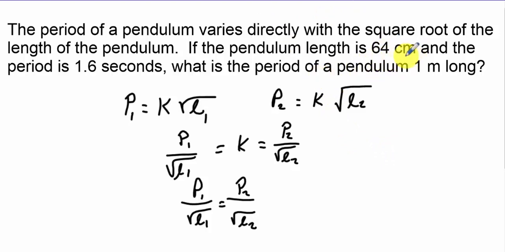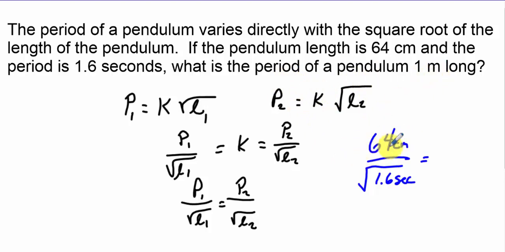We know that this is 64 centimeters. And then I have a square root of the time, which is 1.6 seconds. Now, the problem in this case is our other pendulum length is in meters.